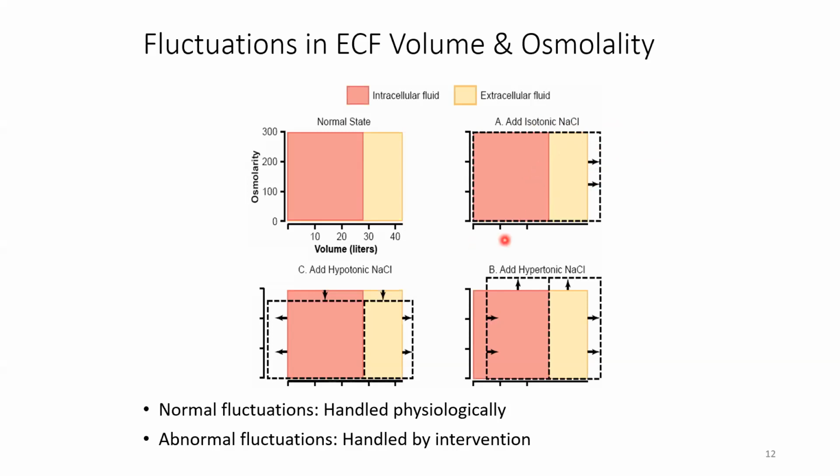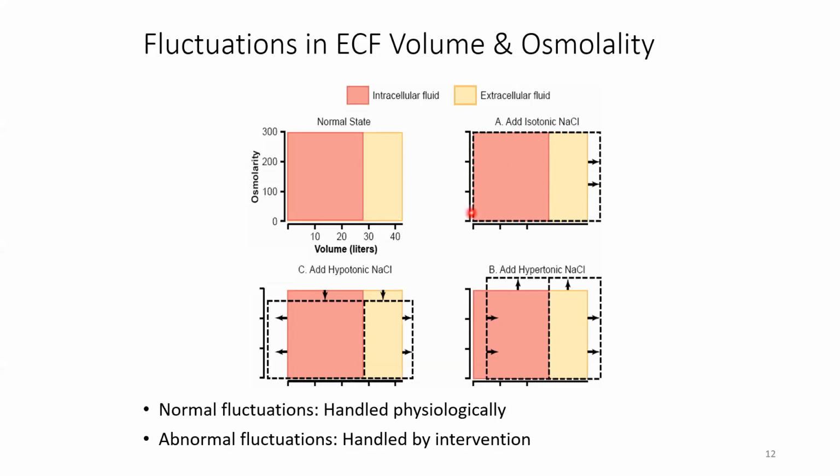As you can see, it's along the volume axis. The arrows indicate that the volume has increased. Nothing has happened on the intracellular side. It's just that the extracellular fluid has increased in volume. Why hasn't the intracellular side responded? Because it was isotonic. No osmosis could take place because it's really the same thing.